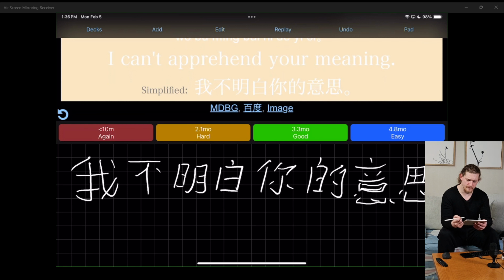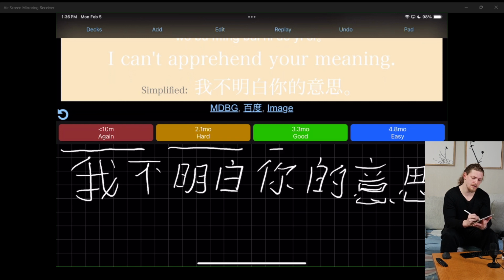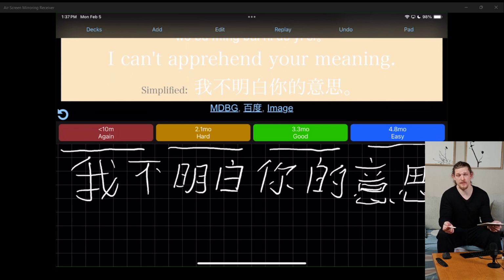You can see here now, here's what I want to show you. At the bottom here, we have, again, hard, good, and easy. These are different ways that you could tell the app to judge your performance. So the app functions entirely based on your own reporting of your performance.